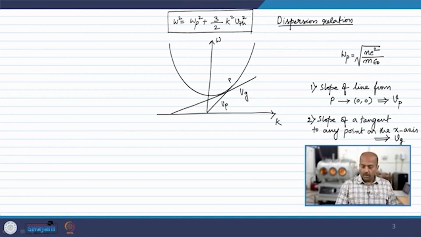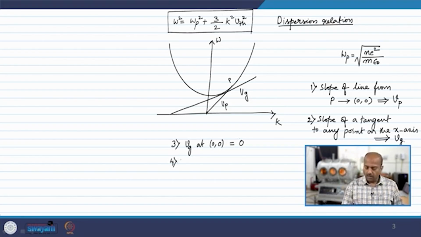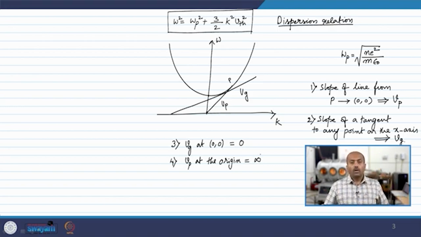Now, you see if this is the origin, then the group velocity at the origin can be seen to be 0. So, I am writing the inferences: Vg at the origin is 0, and similarly Vp at the origin. If you imagine the point here, the slope would be infinite, so you are just looking at a vertical line along the y axis.